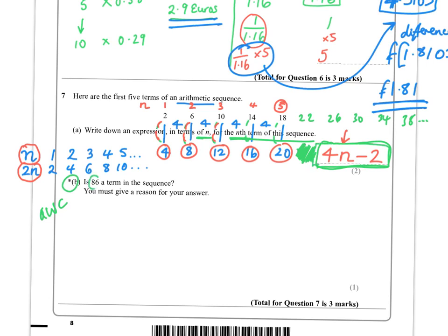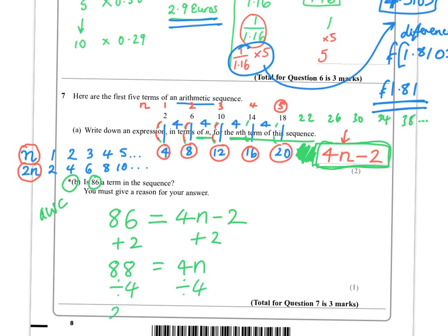So can 86 be represented as this? Will 86 be represented as 4n minus 2? Well, let's have a go. Let's add 2 to both sides, and we'd have 88 equals 4n. Divide both sides by 4, and we'd have 22 equals n.